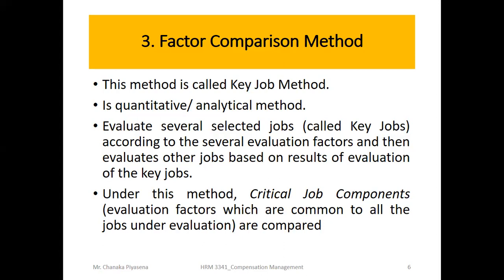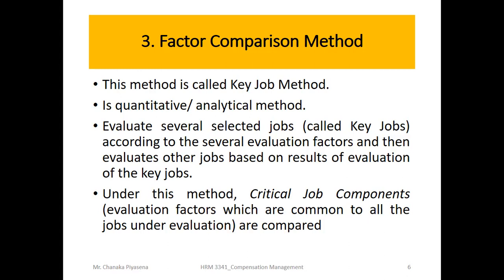If we consider a large scale organization, there are many jobs. Sometimes 1,000 jobs, sometimes more than 1,000 jobs, sometimes a minimum of 50 jobs. But when we are going to identify the relative importance of each job, that is more complicated.